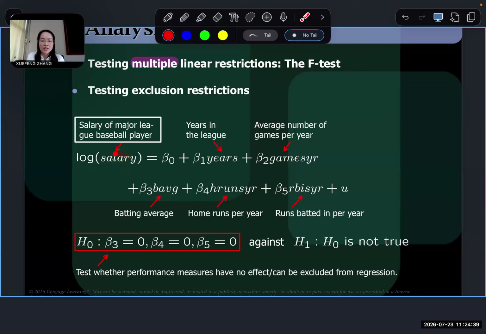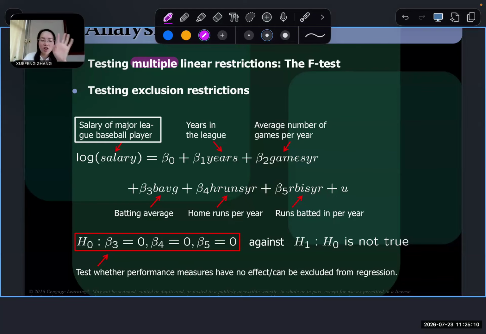Basketball player's salary: log salary equals beta 0 plus beta 1 years plus beta 2 average number of games per year, plus beta 3 batting average plus beta 4 home runs per year plus beta 5 runs batted in per year plus mu. So this is the interesting question. Do performance statistics matter at all?